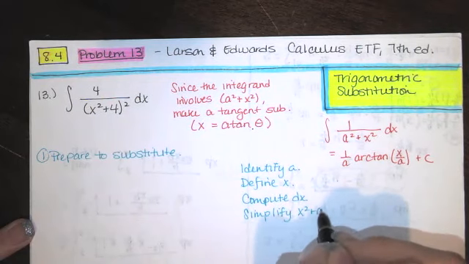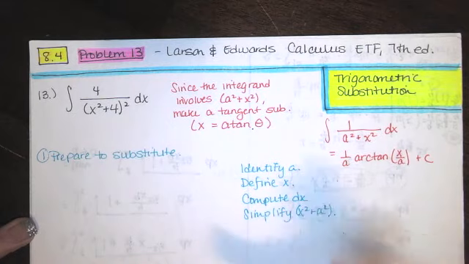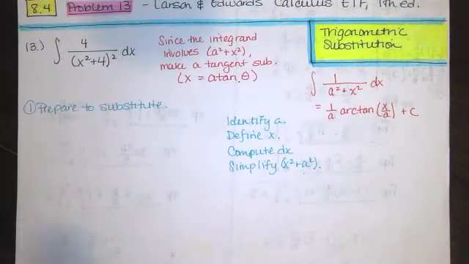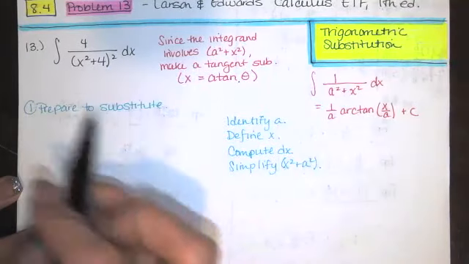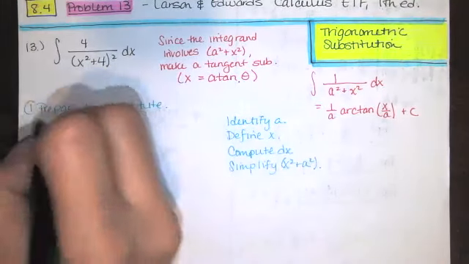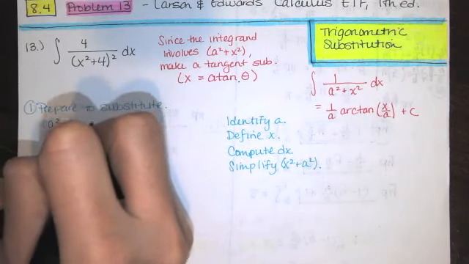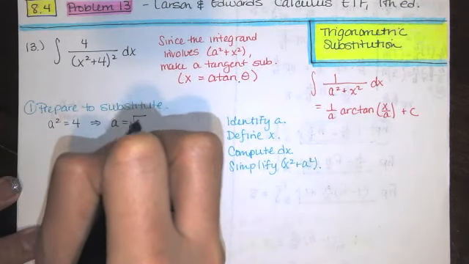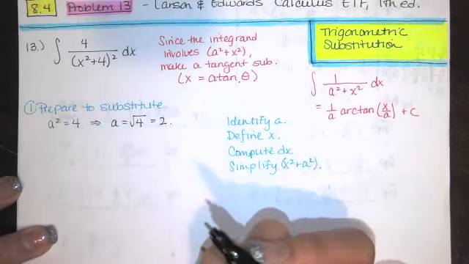You don't have to simplify first, but I find the computation is much easier if you do that simplification ahead of substituting. Okay, that's the plan. So we identify a squared is 4. A is the positive square root of a squared, so a is just 2.